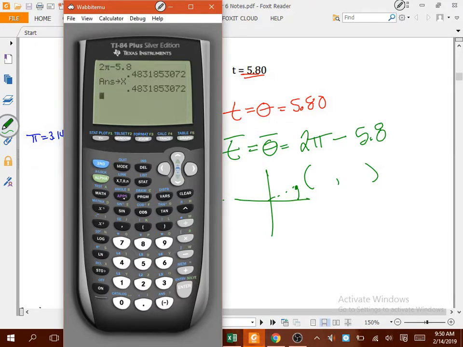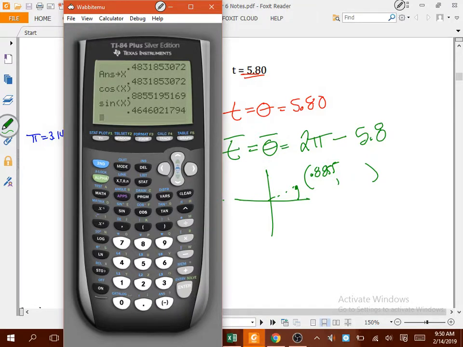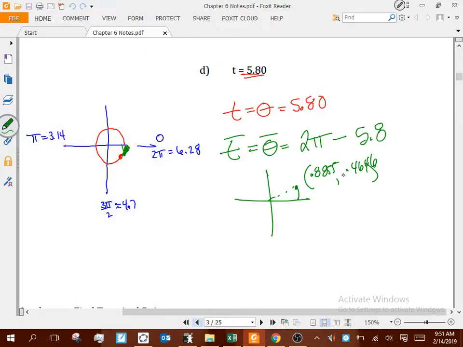Cosine of x would be 0.8855. And then the sine of x would be 0.4646. Okay. So that's my reference point, right?